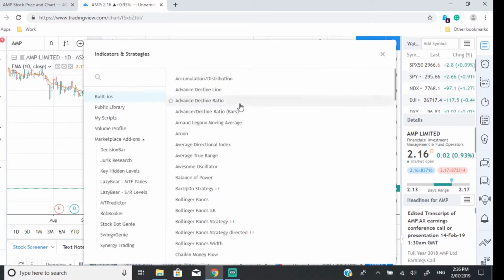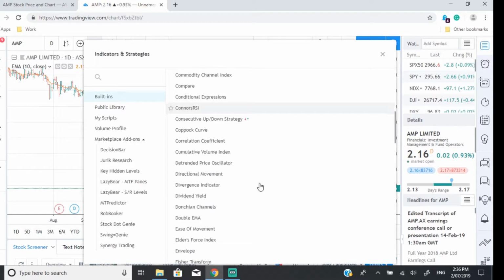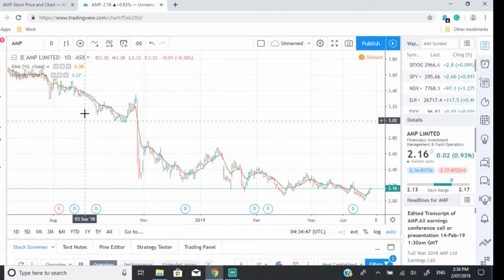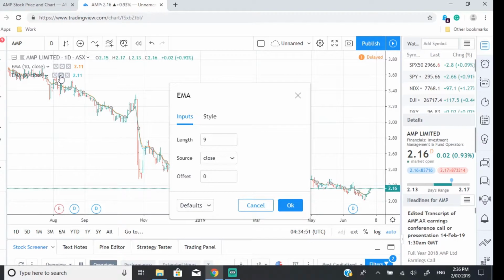So I will add another indicator, which is the moving average again. I will then go to moving average exponential, and I will then find the 9 one, sorry. I would then change it to 30. Now 30 days is 6 weeks, so that gives us a longer trend, and it will give us a decent view of what's happening. Okay.